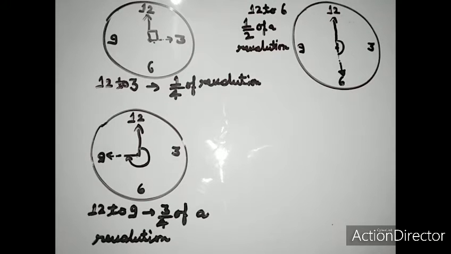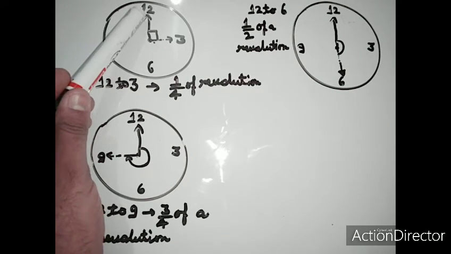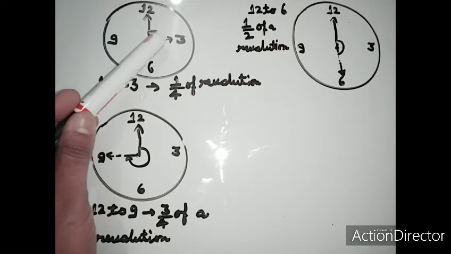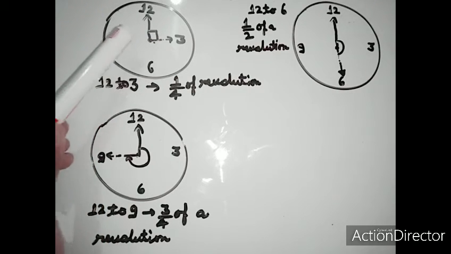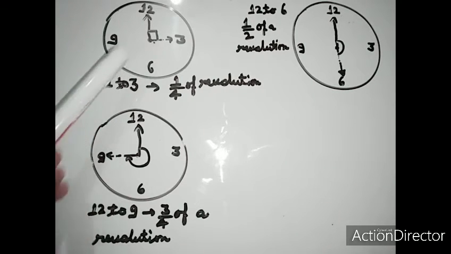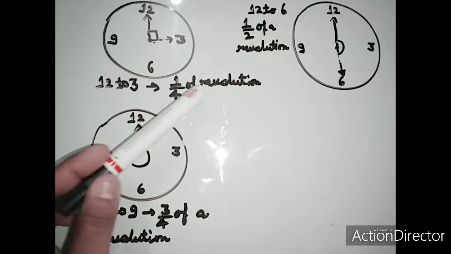The minute hand or sometimes the hour hand makes some angle between its initial position and its final position, right? Like here, this one is the initial position of this hand, and when it moves to 3, it is the final position. So the angle formed between these two positions is 90 degrees. And here we say that this 90 degrees is 1/4 of a revolution, right?